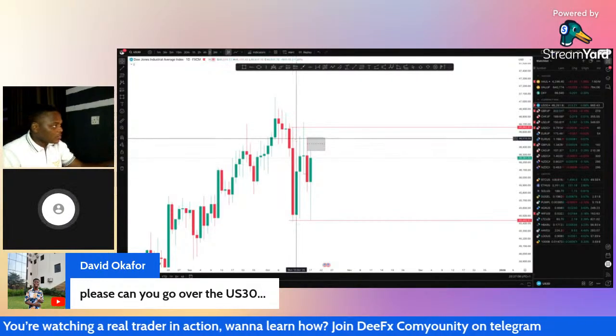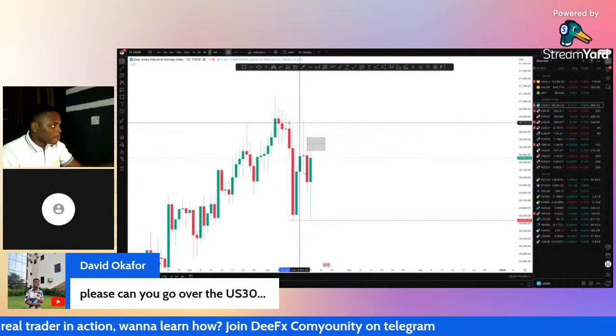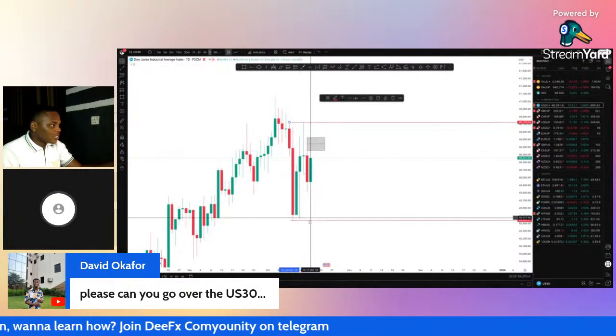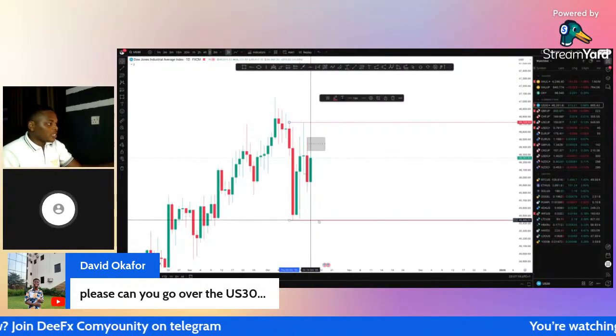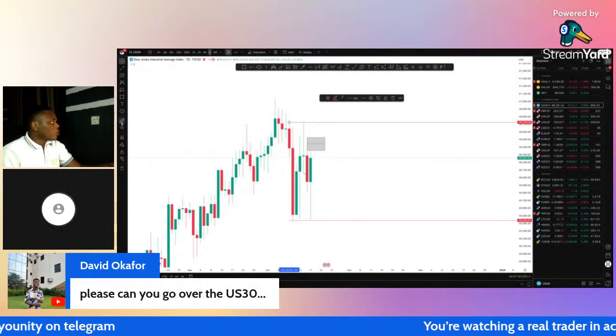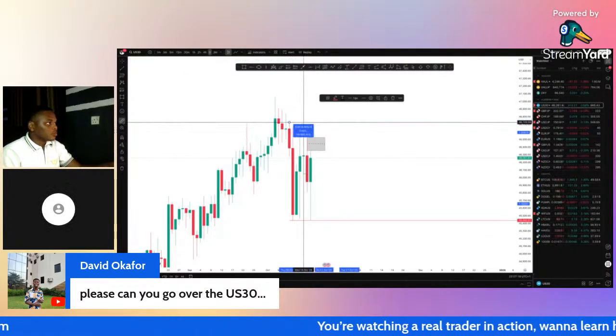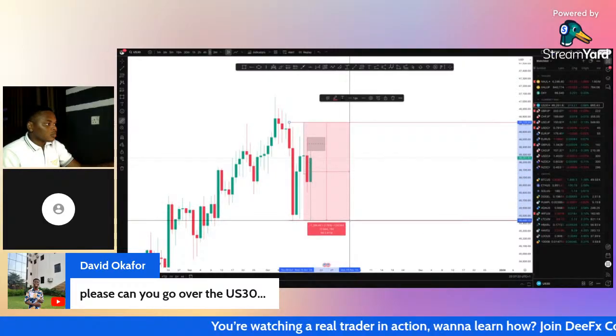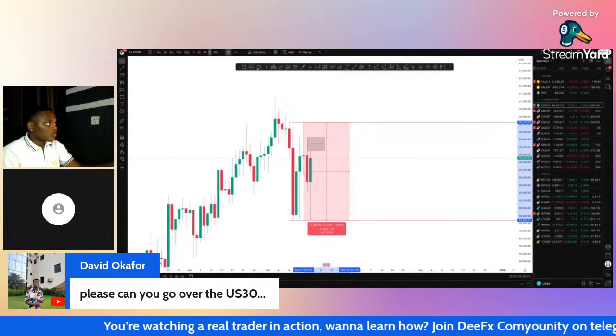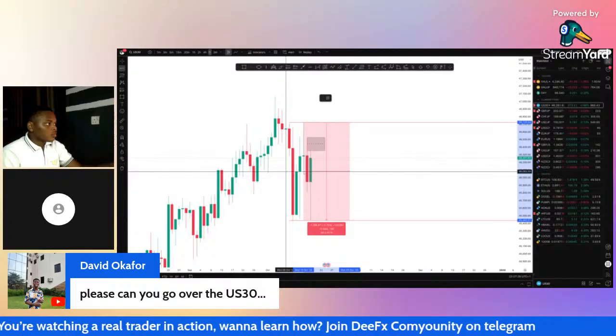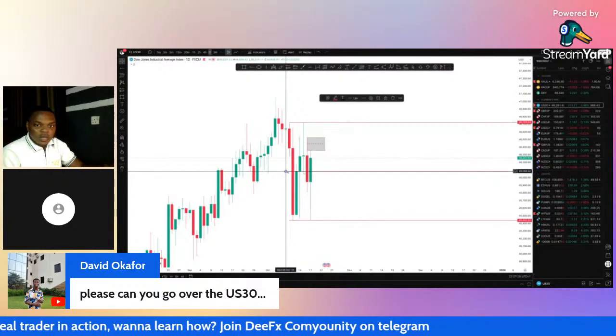So this here serves as the weekly high, and this serves as the weekly low, which is fine. And then we can now take our equilibrium again, and join in here.